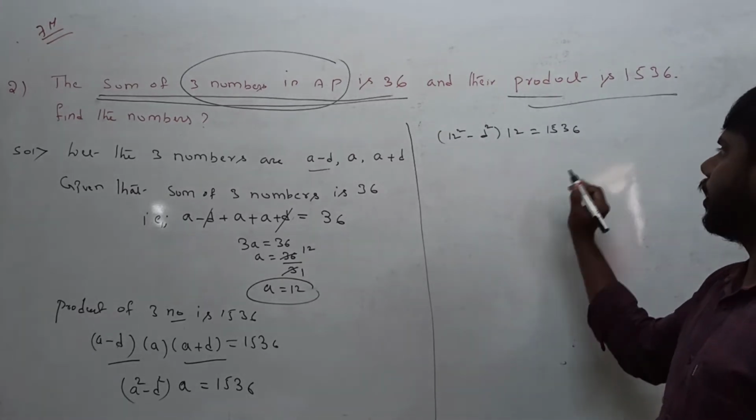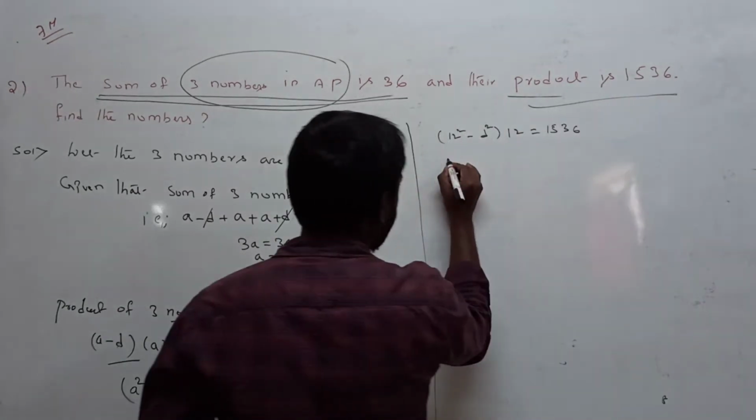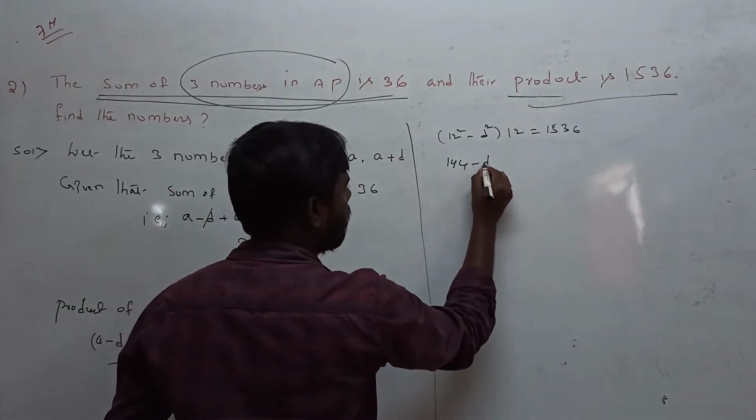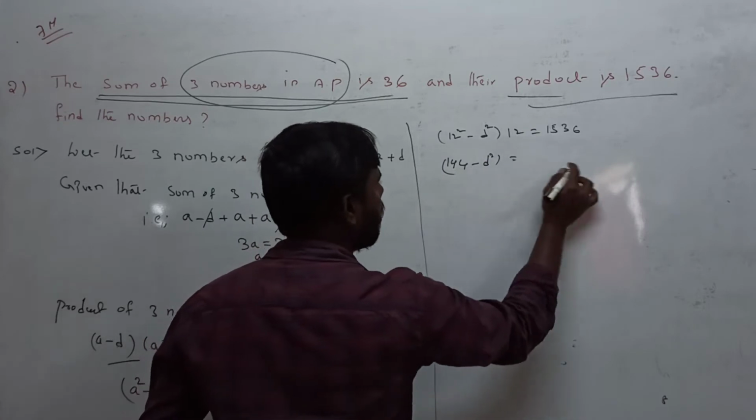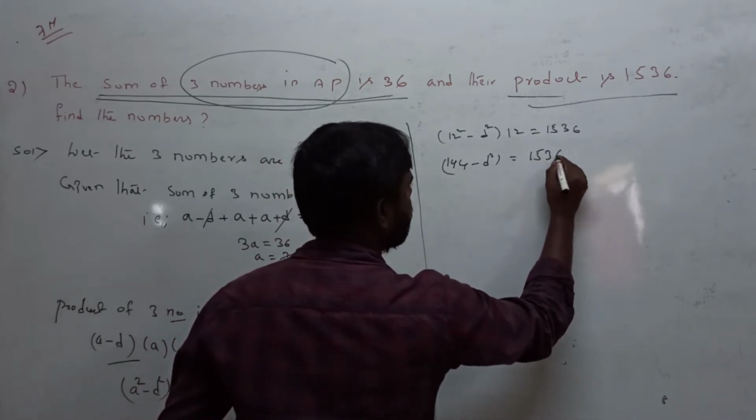1536. Dividing by 12 in the denominator: 144 minus D square is equal to 1536 by 12.